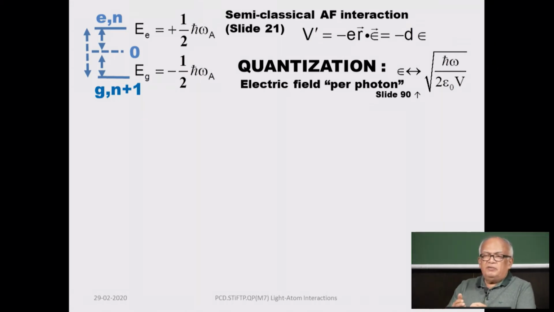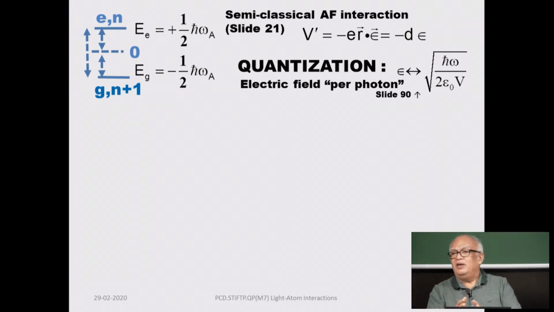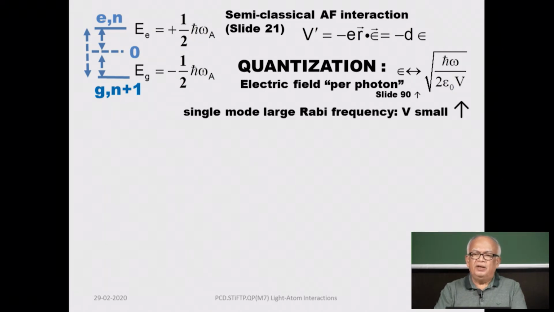The field operators we have written in terms of the photon destruction and creation operator, and we are now constructing the interaction, the atom field interaction. So, we have to quantize this interaction. The semi-classical interaction V prime is now to be written in terms of the second quantized operators. So, we are in the process of doing that.